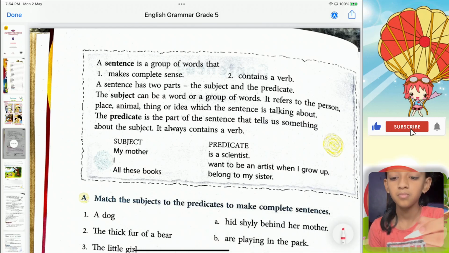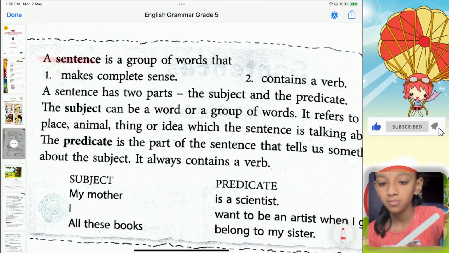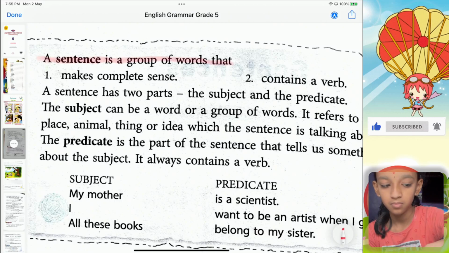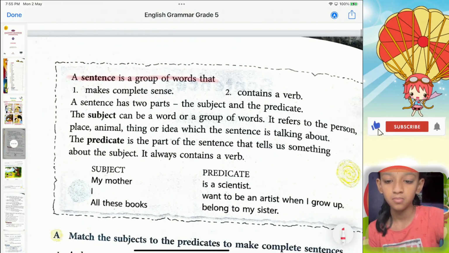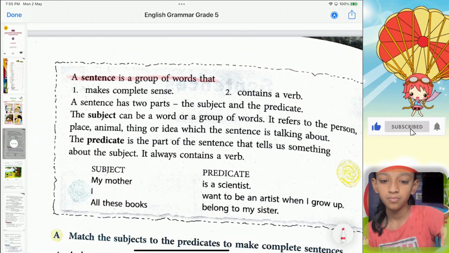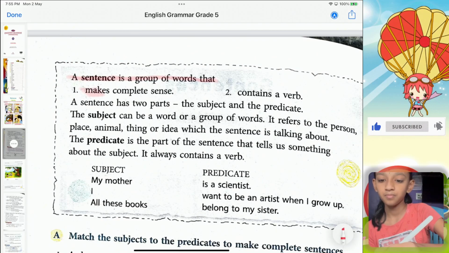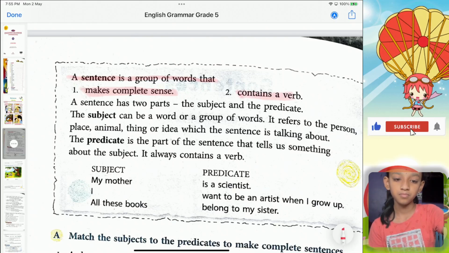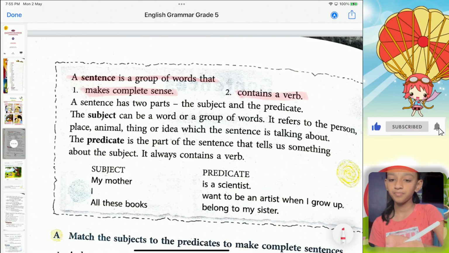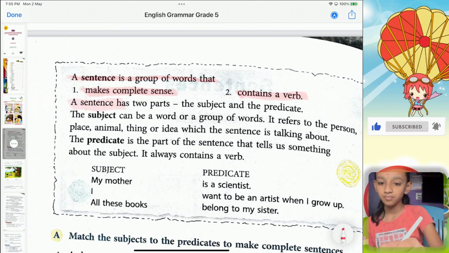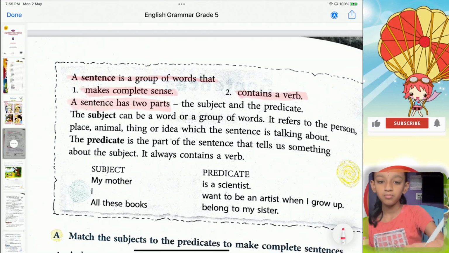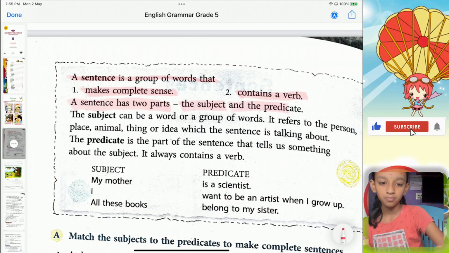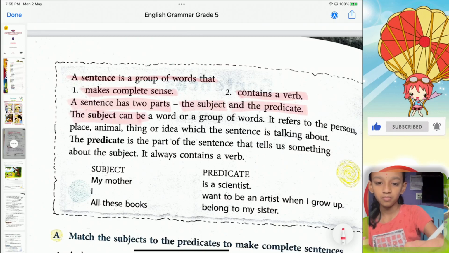Now let's look at this. A sentence is a group of words that makes complete sense, so you highlight makes complete sense. It also contains a verb. A sentence has two parts, the subject and the predicate. The subject can be a word or a group of words.